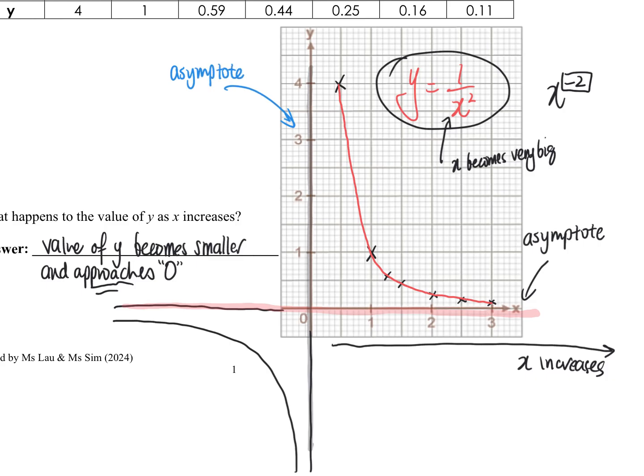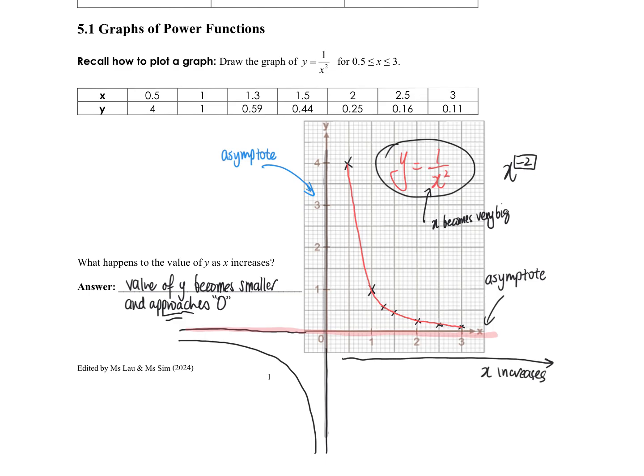Okay, so asymptote, can you see that your graph, when you draw, never touches. So that means if I keep plotting, this graph will go very, very near to the y-axis, but it will never eventually touch it.